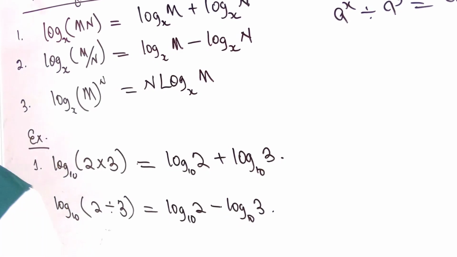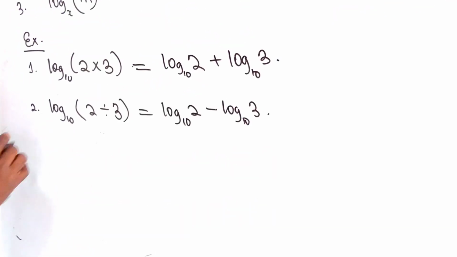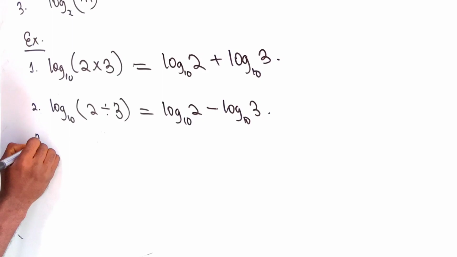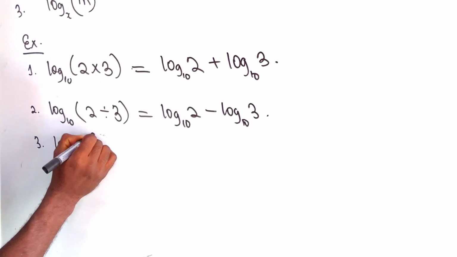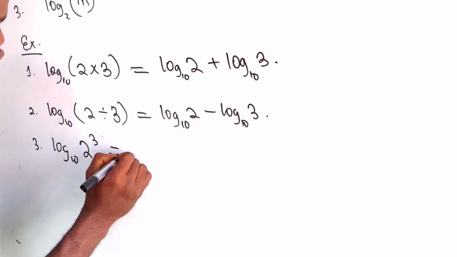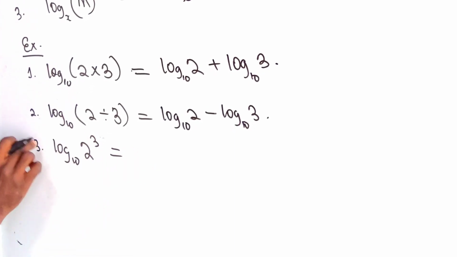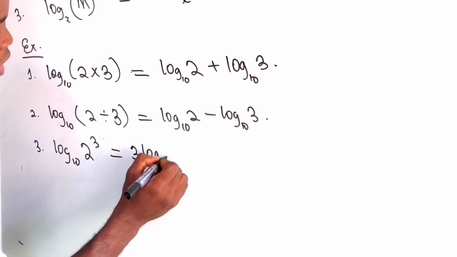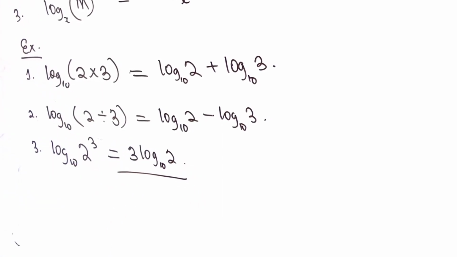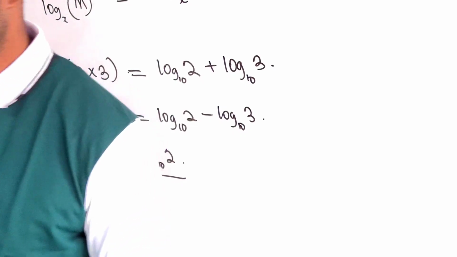Simple and straightforward. But what about if you have log base 10 of 2 raised to power 3? Remember, you bring this 3 to the front, and you have 3 log base 10 of 2. You can see, simple and straightforward.